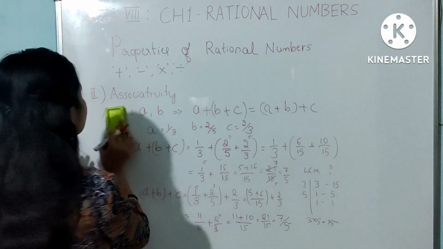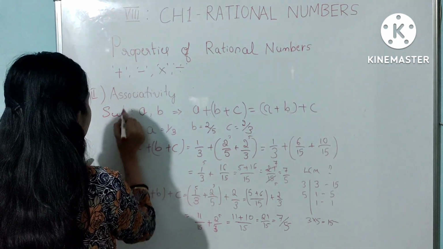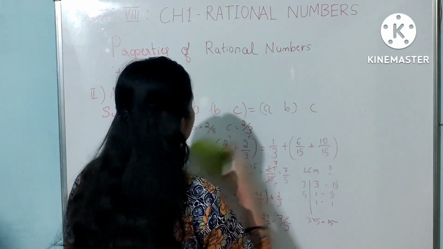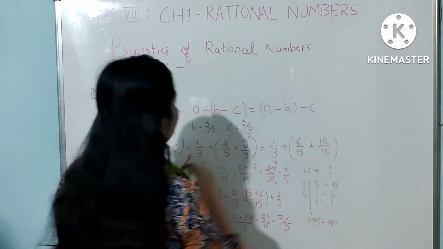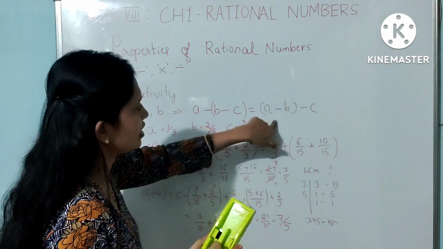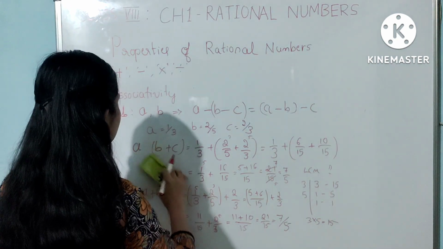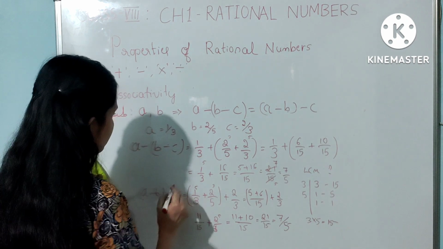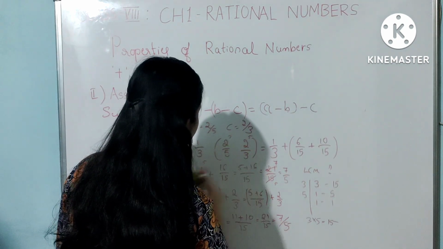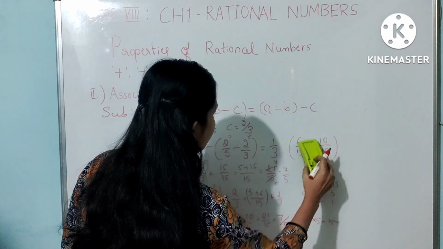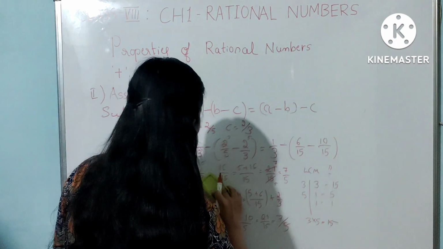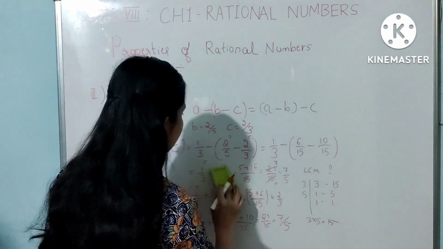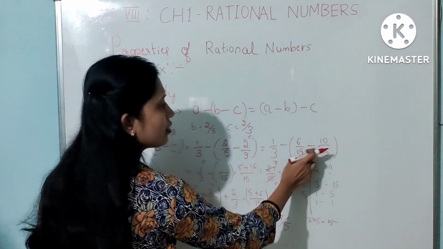Correct. So the next is subtraction. What we are going to do is check whether (a minus b) minus c is equal to a minus (b minus c). Okay. So let us quickly calculate this. What is the value here?